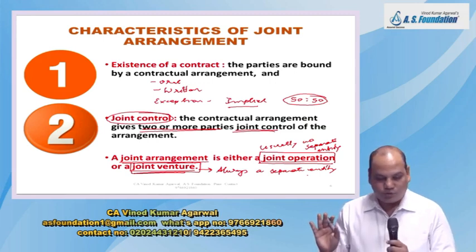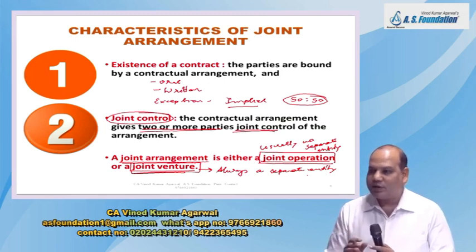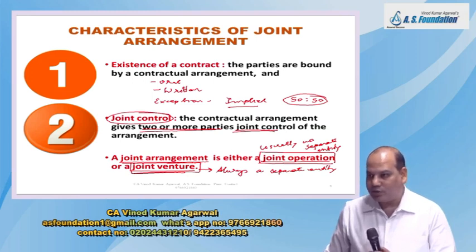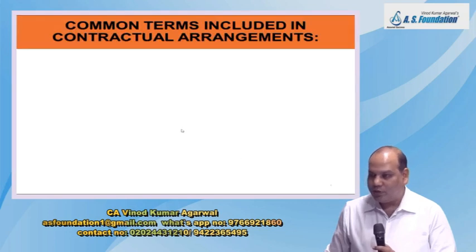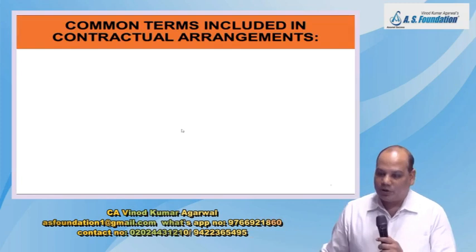Okay, one has to see the terms and conditions, see the facts and circumstances to take a decision. Is this understandable? No separate entity, always joint operation. But if there is a separate entity, the answer is not always joint venture. It can be joint venture, most probably, but it can be joint operation also.